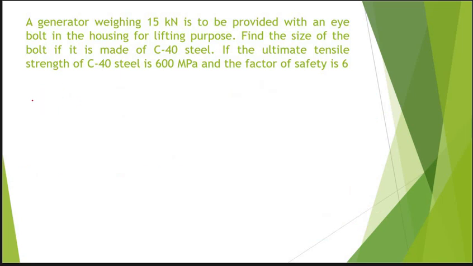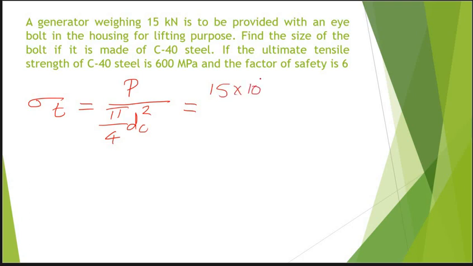Now we have the formula: sigma T induced, or principal tensile stress, is equal to P divided by pi by 4 dc square. What is P? P is the external load, 15 into 10 raised to 3 Newton, divided by pi by 4 into dc square.